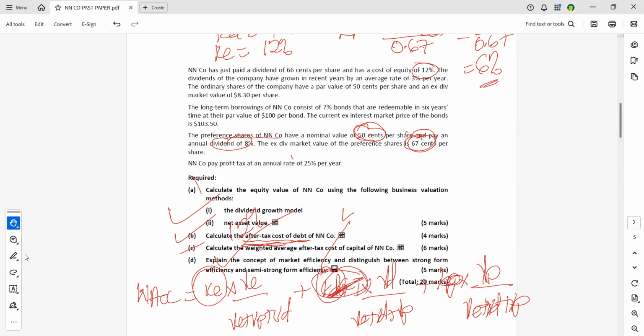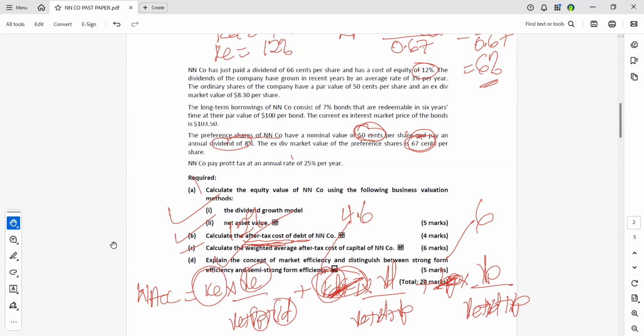So this here is 4.6. Be mindful. Then the cost of preference, I have it to be 6. So technically, what am I left with? I need to know the value of equity, value of preference, and value of debt. The answer is going to be easy to do. The most important thing is how to calculate my KE, KD, KP. The rest is to know the value of equity, value of preference, and value of debt. And that ends it.